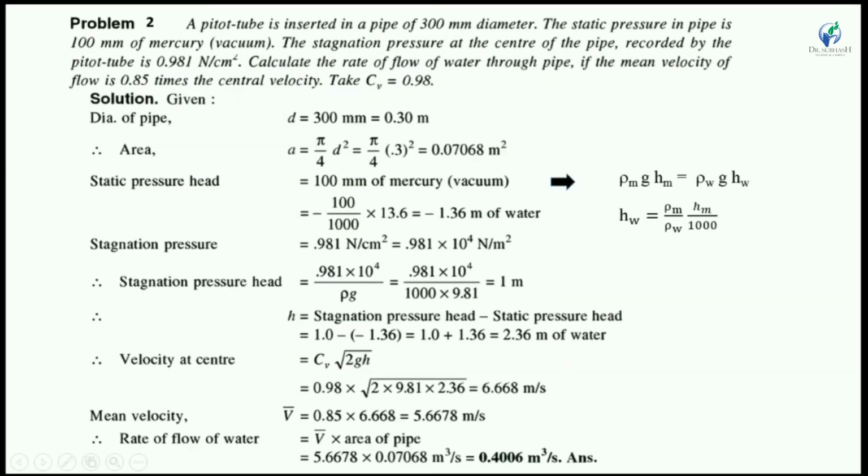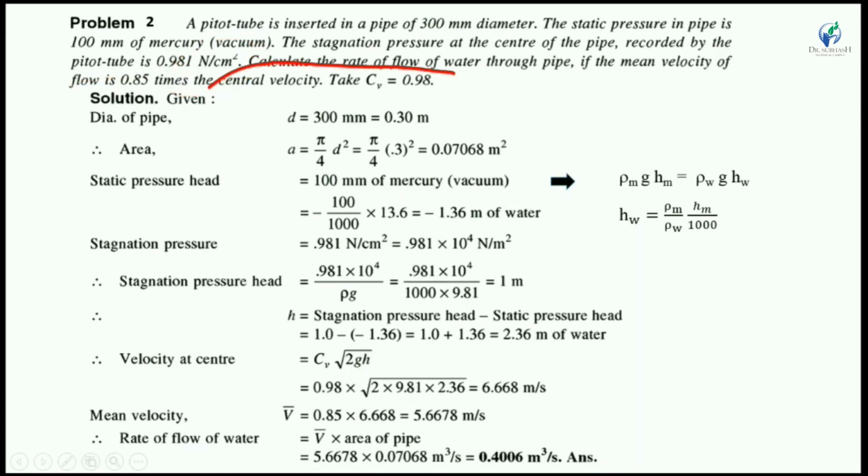Now solve the second example, the Pitot tube. A Pitot tube is inserted in a pipe of 300 mm diameter. The static pressure in the pipe is 100 mm of mercury vacuum. The stagnation pressure at the center of the pipe, recorded by the Pitot tube, is 0.981 Newton per centimeter square.